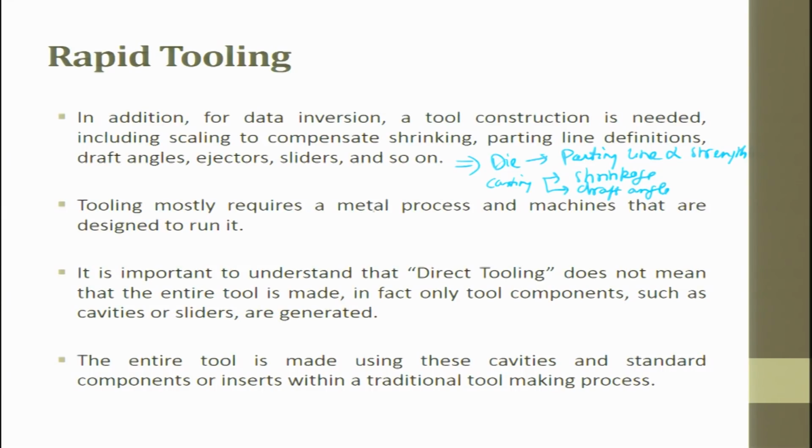Tooling mostly requires a metal process and machines that are designed to run. It is important to understand that direct tooling does not mean that the entire tool is made. In fact, only tool components such as cavities and sliders are generated. Tooling means it is not the complete tool, only a part or a cavity or an insert is made.